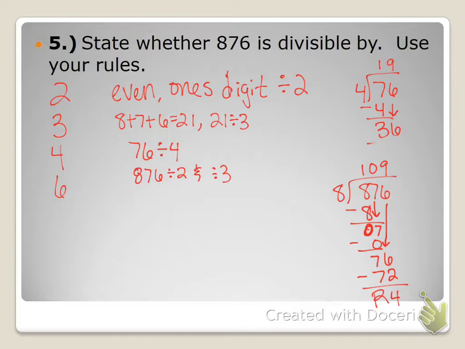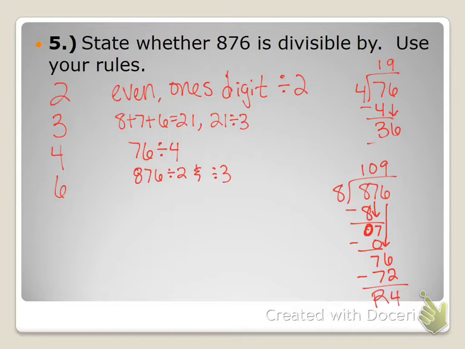What about 9? The rule for 9 is similar to the rule for 3. How do we know if it's divisible by 9? I don't think so. Why not? Is it the sum thing?